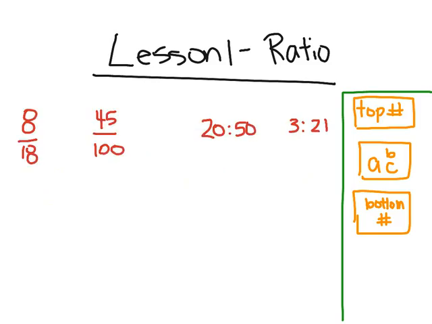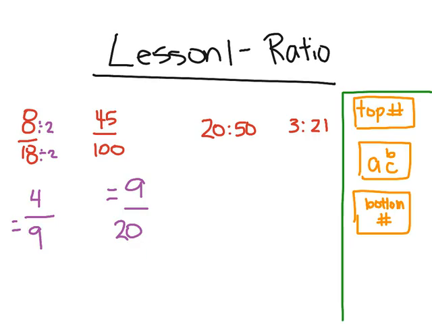Try the next ones. So what's a number that goes into 8 and 18? The biggest number is 2, so we're going to divide the top by 2 and the bottom by 2. 8 divided by 2 is 4, and 18 divided by 2 is 9. Second one, 45 ABC 100 equals 9 over 20.